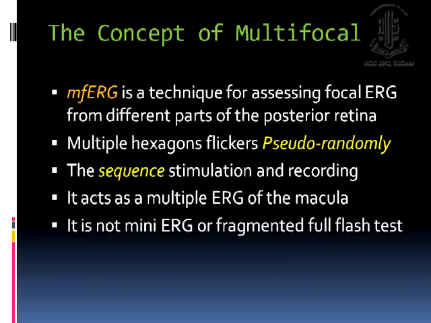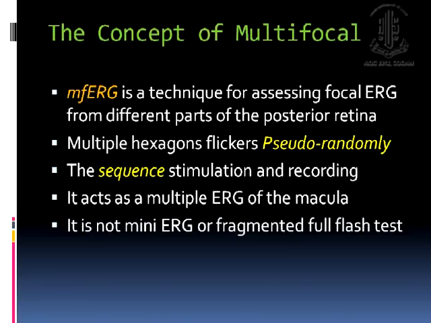Now, the stimulation here looks like a flicker, but it actually is not a flicker. It's small hexagons, the number ranging up to 241 in a multifocal ERG, and they are pseudo-randomly flickering or changing in a specific order. We'll explain that in a minute. There is a sequence of this stimulation.